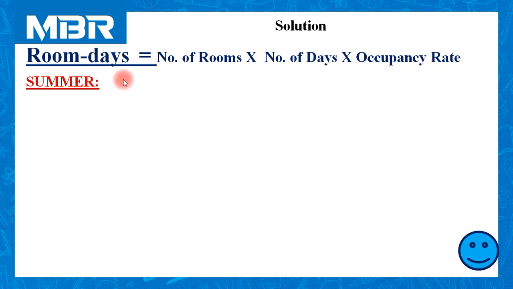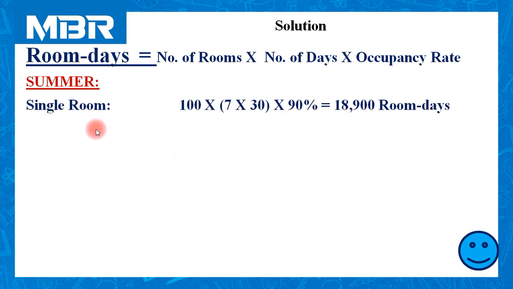We have two different seasons, summer and winter. In summer, for the single room category, we have 100 rooms. The period of summer is 7 months multiplied by 30 days. And as per the information, during summer, occupancy rate of a single room is 90%. So room days are 18,900.